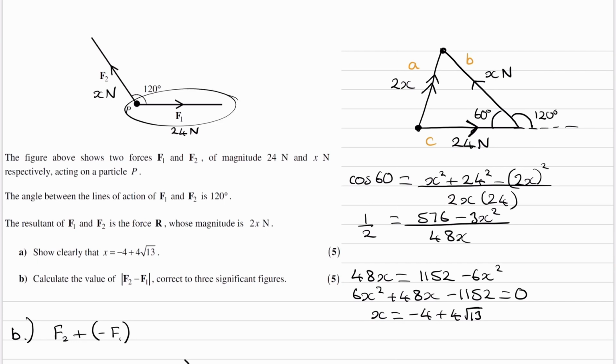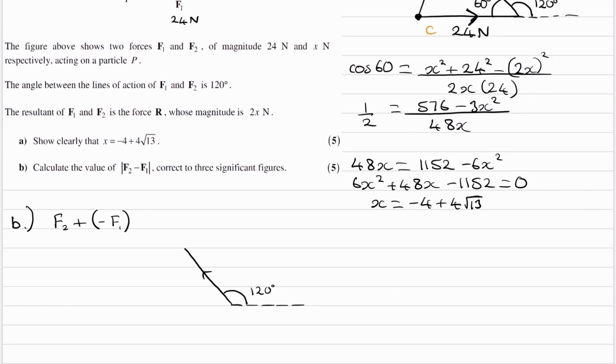Negative F1 would just simply point towards the left. So then if we're adding that vector on, instead of going towards the right, which is what F1 would do, negative F1 goes this way. Again, the arrows flow from start to finish, and the resultant connects the start to the finish. So this is the resultant that we're trying to work out.